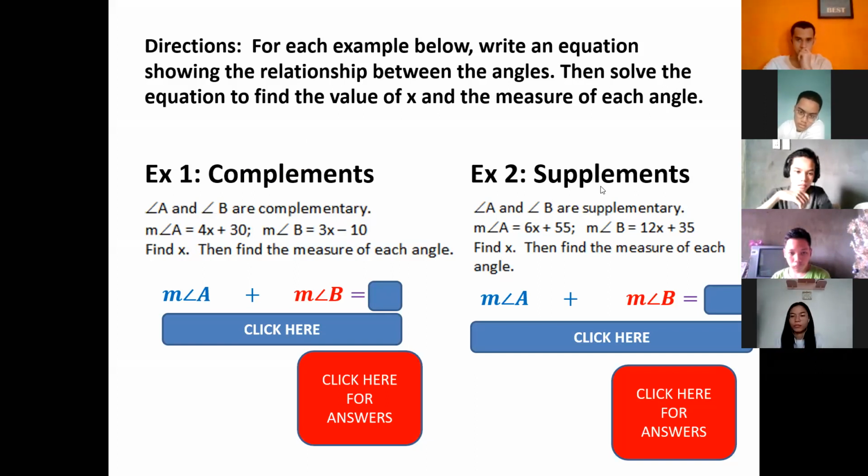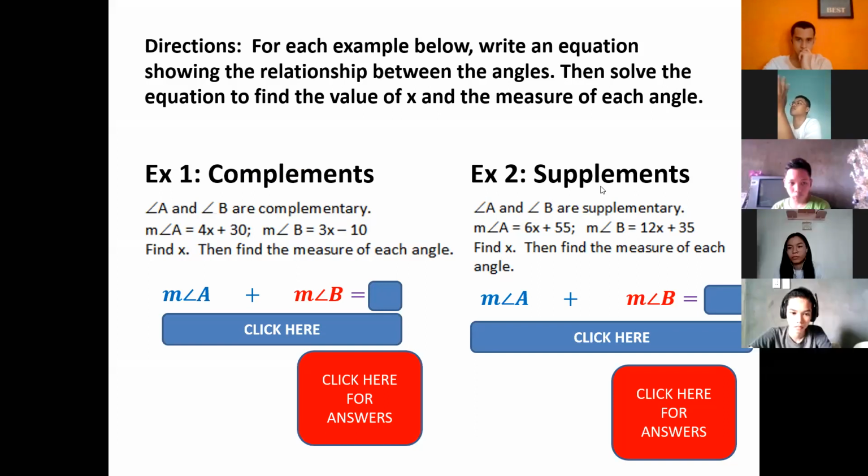So the measure of angle A is equal to 4x plus 30. The measure of angle B is 3x minus 10. Find the value of x if the two angles A and B are complementary to each other.